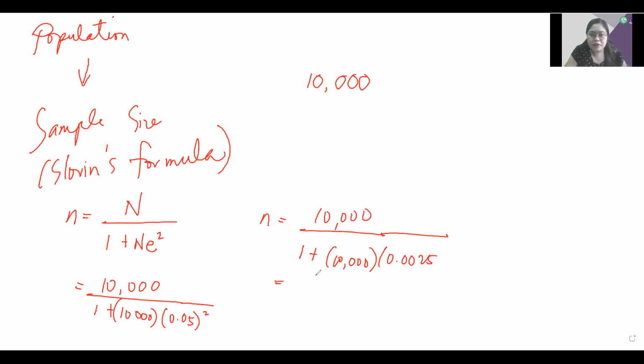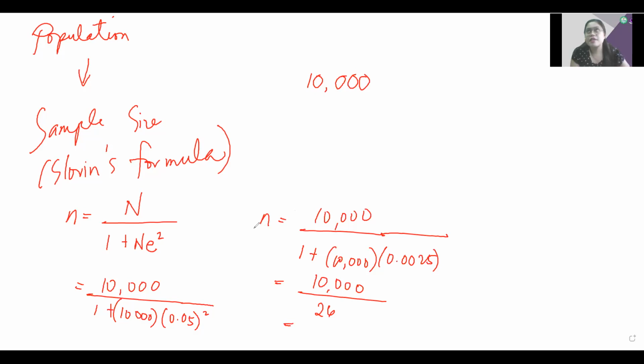Okay, so this is 10,000 divided by, I will simplify this. 10,000 times 0.0025 is 25, plus 1, that is 26. So 10,000 divided by 26, let's round it off to the nearest whole number.